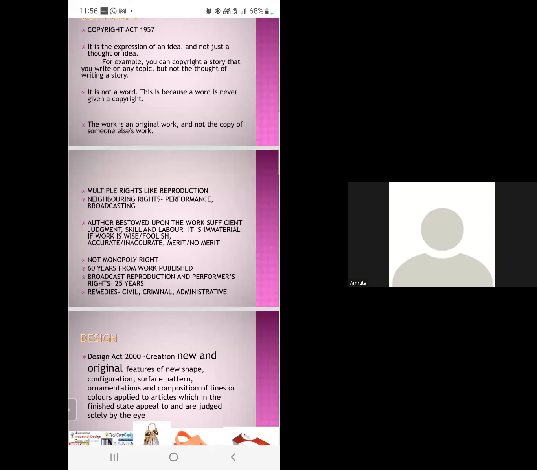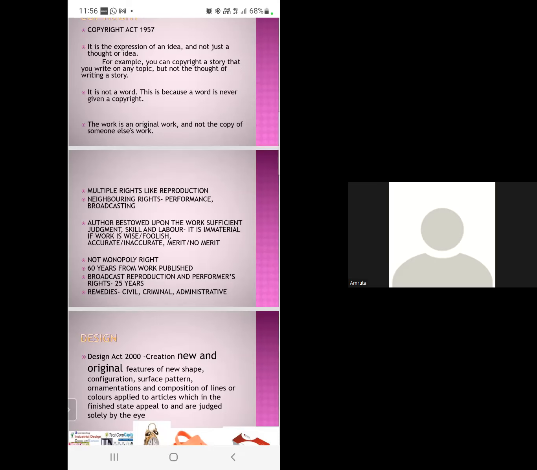Then, similar to the other parts, the remedies are civil, criminal and administrative. Civil, we have seen, is that you can ask for injunction, and you can ask for compensation and damages, which are monetary reliefs. Criminal is when a person can get into prison. If the punishment is provided under the act, it is called a criminal remedy.